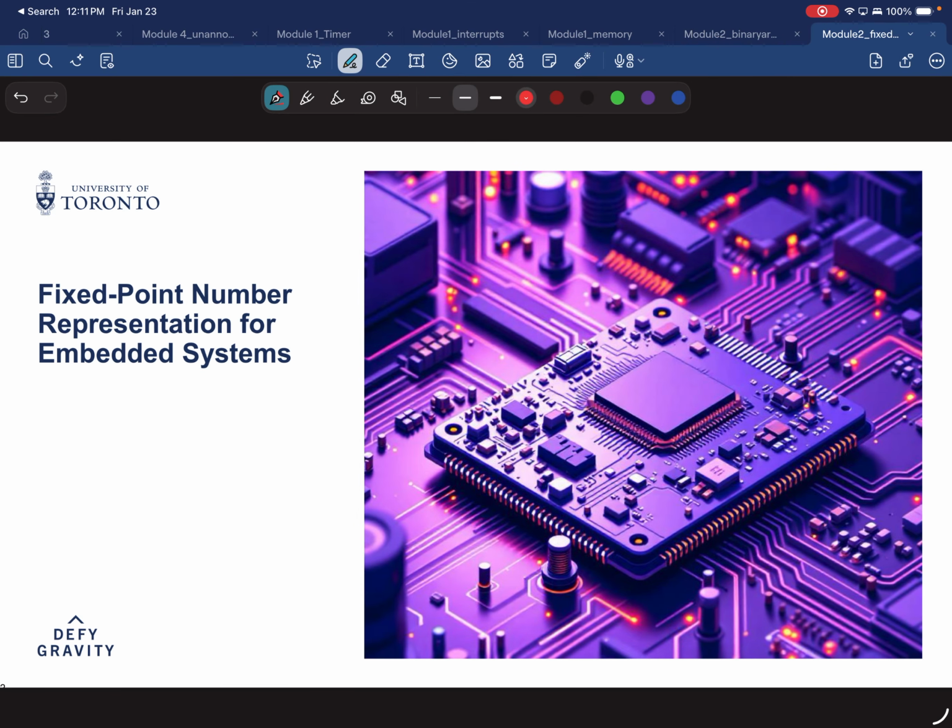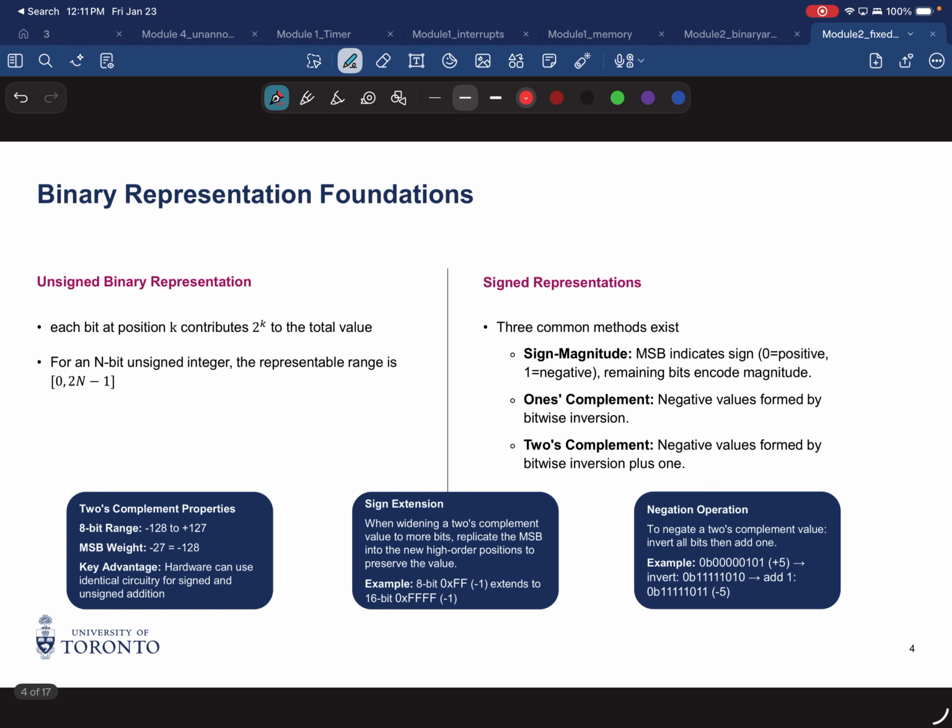So let's talk about fixed point. We talked about arithmetic of binary representation where we had signed and unsigned representations of binary. With the unsigned version, when we have n bits, we have a range of 0 to 2 to the power of n minus 1.